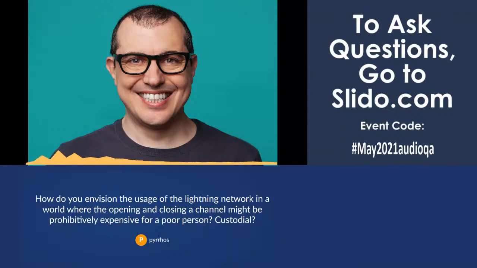So let's say you want to buy something from a merchant. You might make a payment to the merchant on-chain and at the same time, in the same transaction, open a channel. Or you might find something you want to buy online that's a fairly large purchase where it's worth spending the fee.